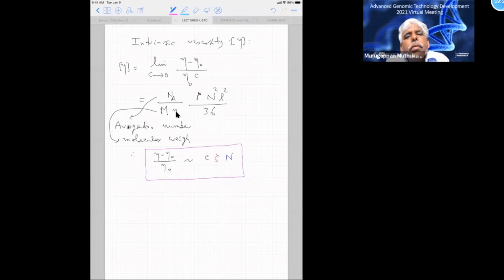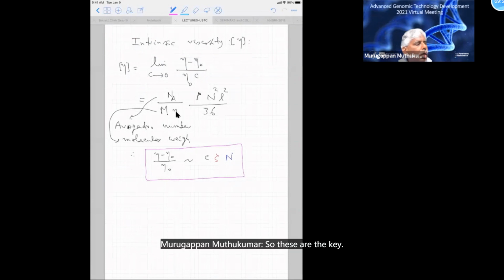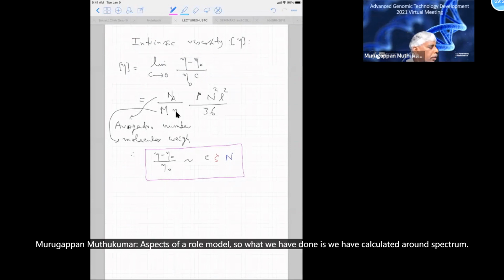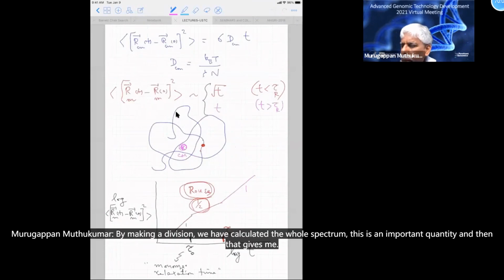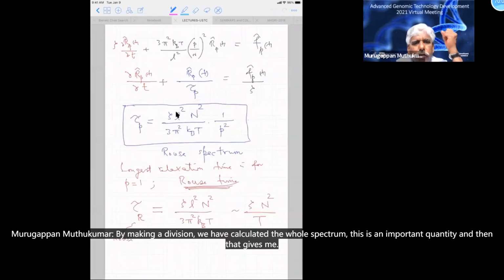Okay. So these are the key aspects of the Rouse model. What we have done is calculate the Rouse spectrum by making a derivation. This is an important quantity.